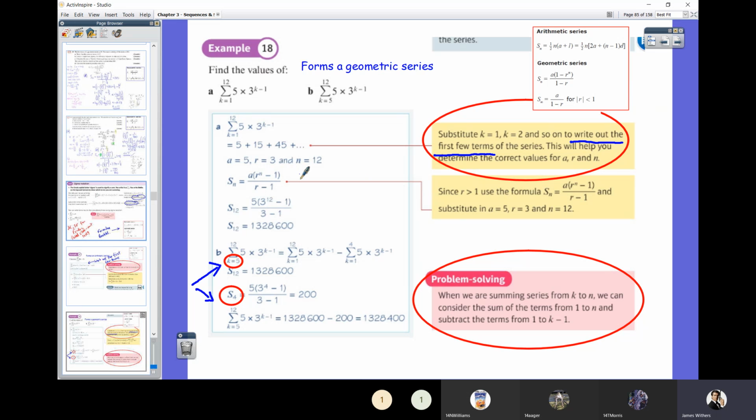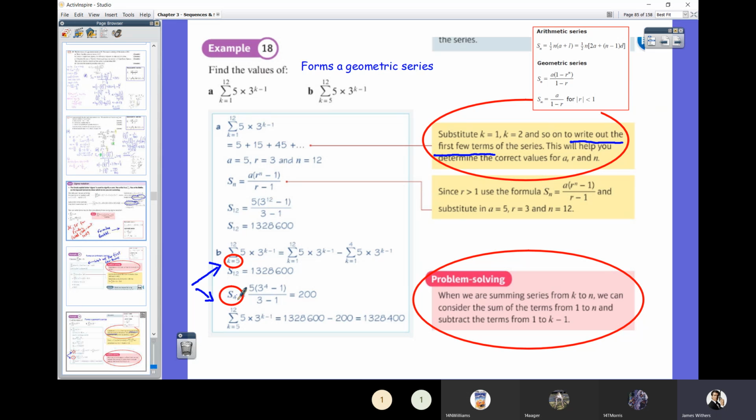The only point I wanted to clarify, and again it's common sense when you think about it, is that if you get a question like B where it asks for the sum from the 5th term to the 12th term, the way to do this is to start off by working out the sum for the first 12 terms, ignoring starting from k equals 5, and then take away the bit that you don't want.